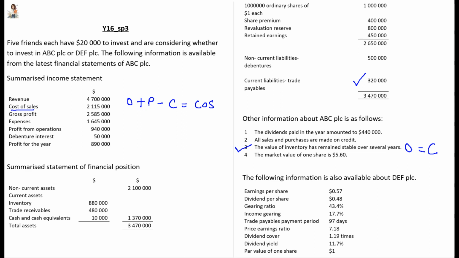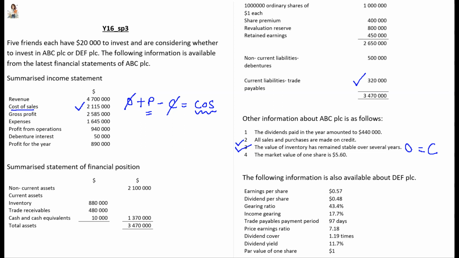But opening inventory is equal to closing inventory, right? So we can cancel this out because they are equal figures. Therefore, you will find that purchases is nothing but the cost of sales. And cost of sales is given to us to be $2,115,000. But now we have to look at only the credit purchases, not the total purchases.